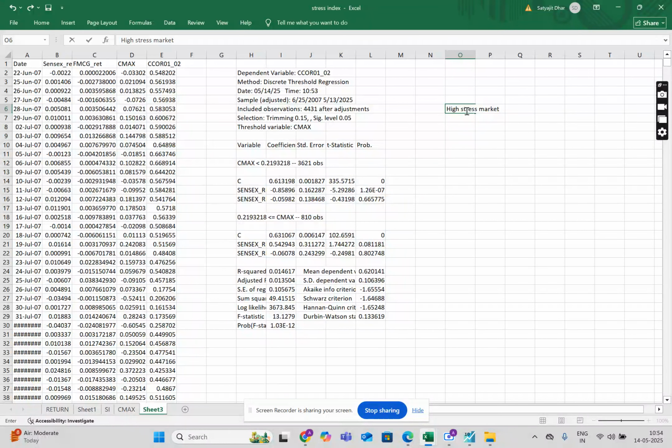High stress market obviously means that the Cmax is low. So from here we can understand that Cmax is lower than this. So this is the high stress market. So let's write high stress. And here Cmax is more. So let's write low stress. Let me highlight.